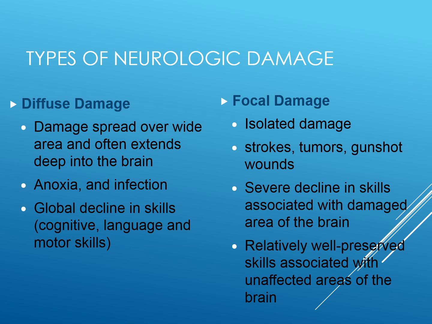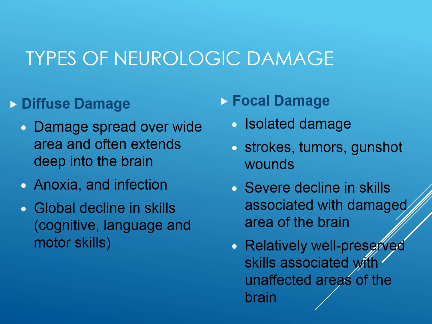Here is more information on diffuse versus focal lesions. For diffuse lesions, damage is spread over a wide area and often extends deep into the brain. With diffuse damage, anoxia and infection often occur, and there is a global decline in skills, so cognition, language, and motor skills.